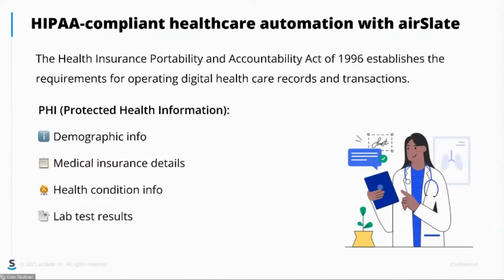We also use encryption that meets the standards set by HIPAA, both for the documents in transit and when they're at rest on our servers. Another really important part is the audit trail. We keep a detailed audit trail of everything that happens in the process, so you can see who's acted on it and when.